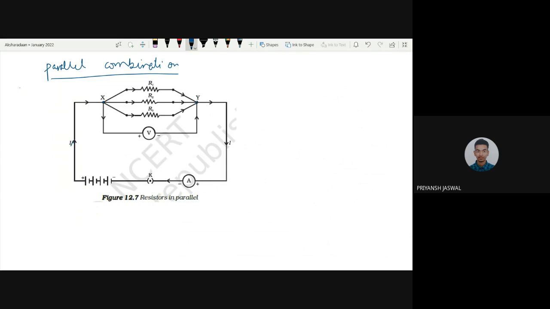And when the current flows through this circuit, at this point it splits into three parts. And the potential will remain the same across all three resistances because they are in parallel combination. The potential will not divide because potential drops across two terminals in parallel combination.